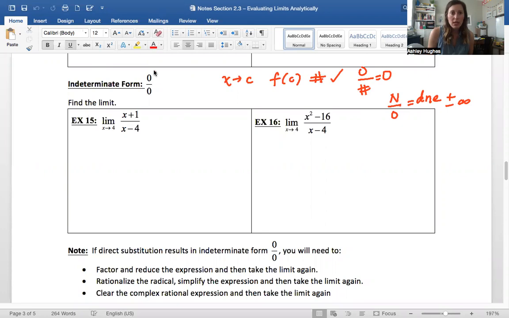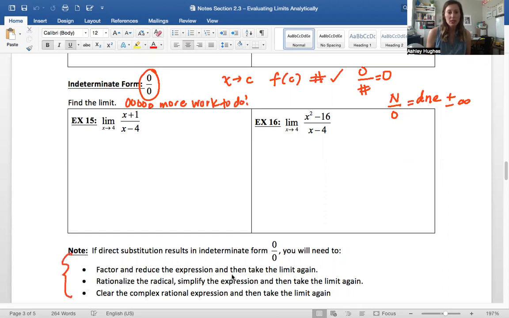But most of the time, you're going to get this guy, 0 over 0, which means most likely there is a limit. So this is, oh, more work to do. That more work is this stuff right here.